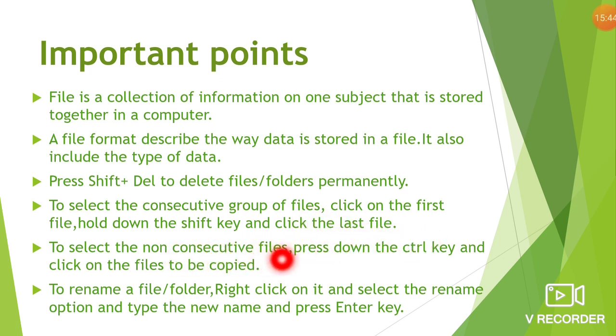For non-consecutive files, hold down the Ctrl key and click on each file to be copied. Last, if you want to rename your file or folder, it is a simple method. Right click on that file or folder, and a shortcut menu will appear. Select the Rename option, type the new name and press the Enter key, and your file or folder will be renamed.